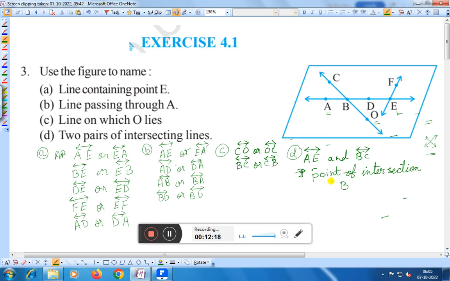This is one pair of intersecting lines, and another pair we will find: AE and EF.